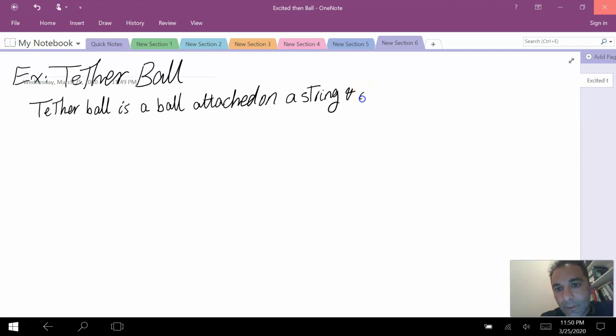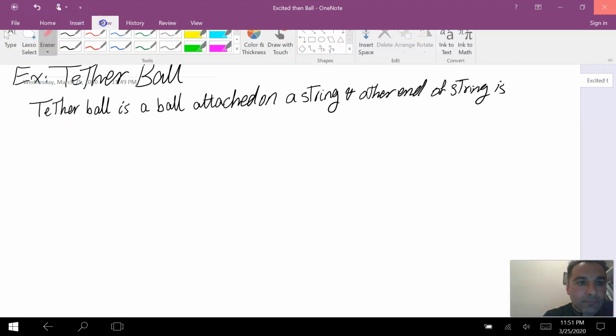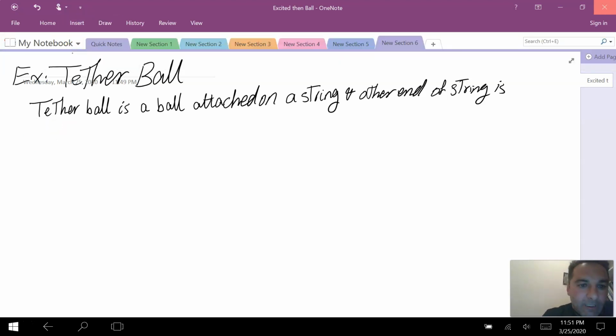and the other end of the string is hung by a ring to a rod.